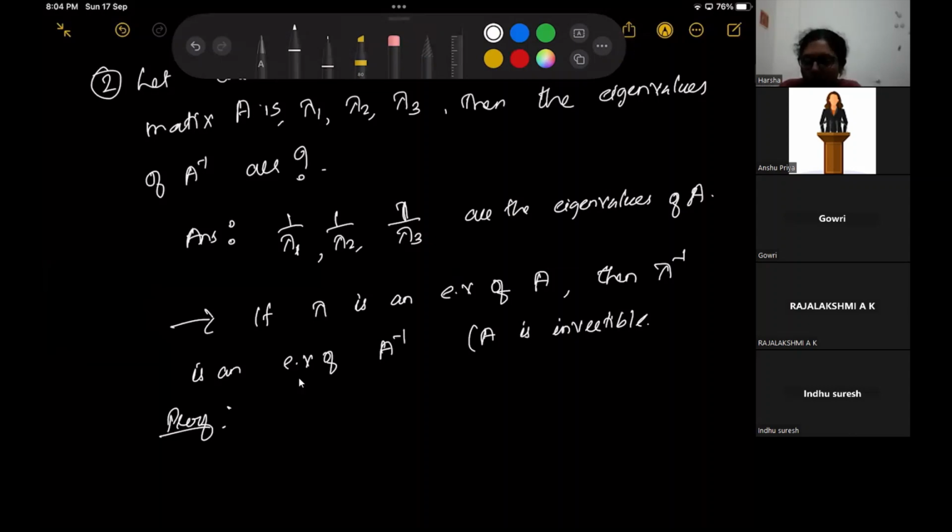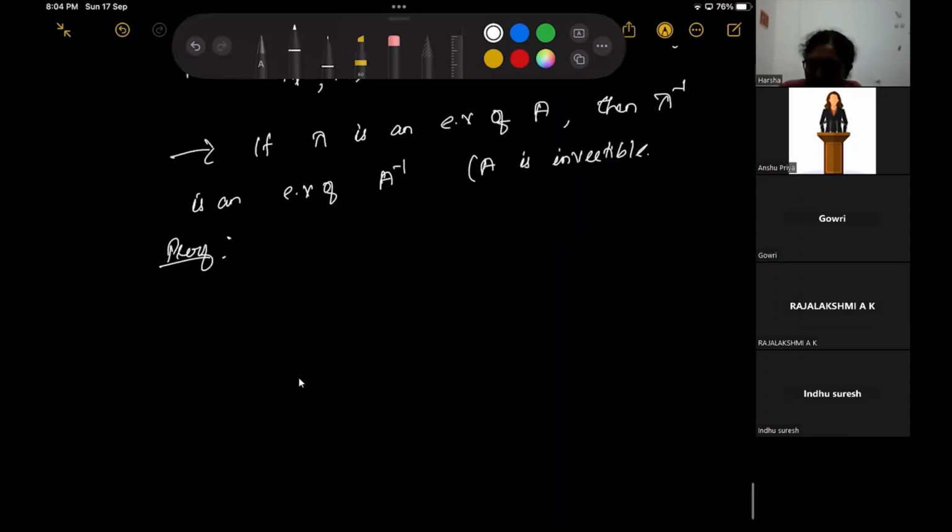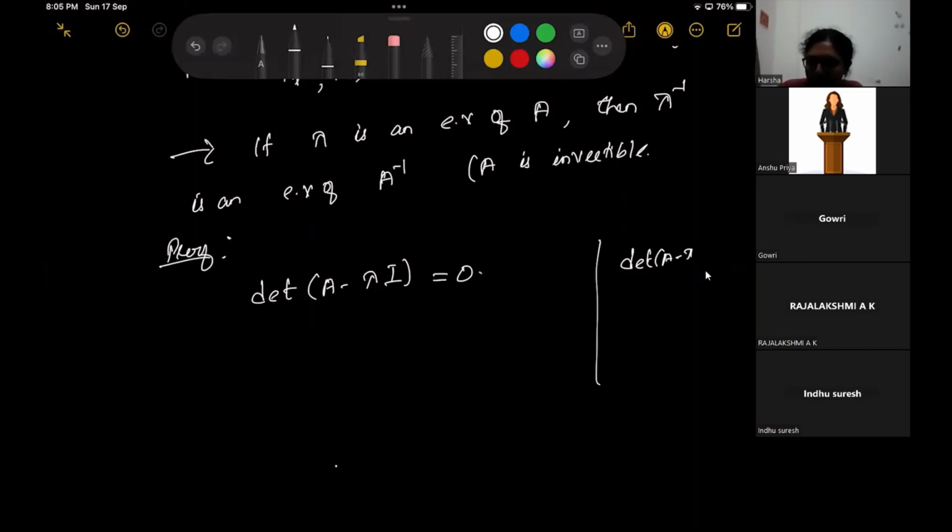Usually we solve the determinant of A minus xi, which is our characteristic polynomial, and its roots are our eigenvalues.